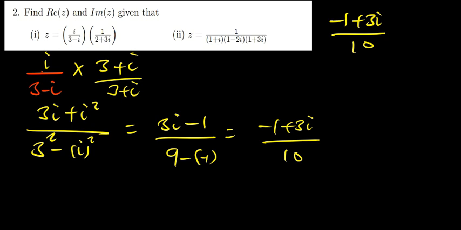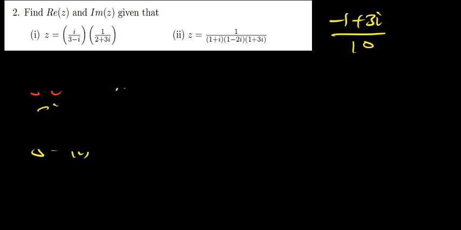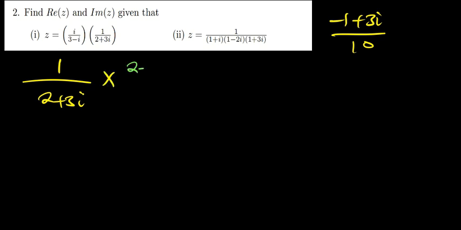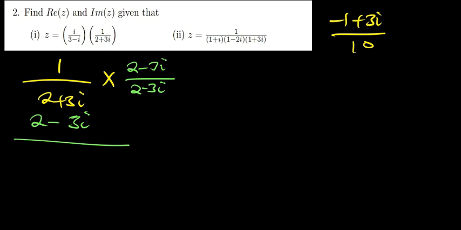Now we go to the second part, which is 1 over 2 plus 3i. Multiply by its conjugate, 2 minus 3i over 2 minus 3i. On top I'll have the same because I have 1, so no need to waste time. 1 times this gives the same 2 minus 3i. For the bottom, just square the one having negative because you are multiplying by its conjugate.